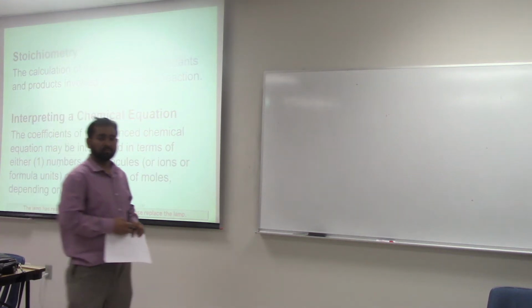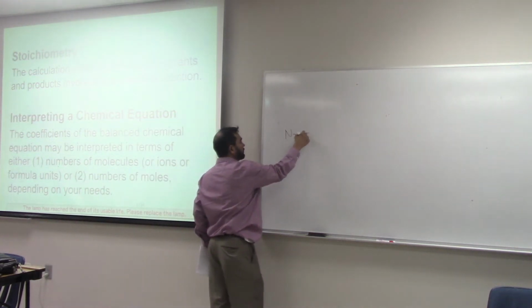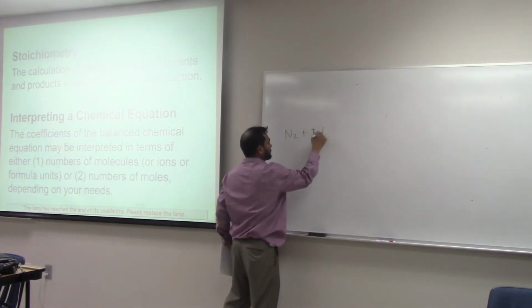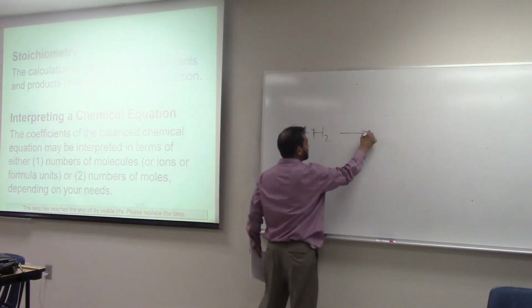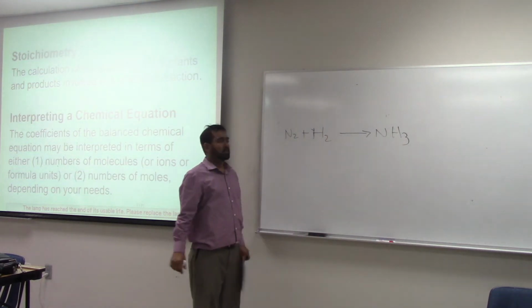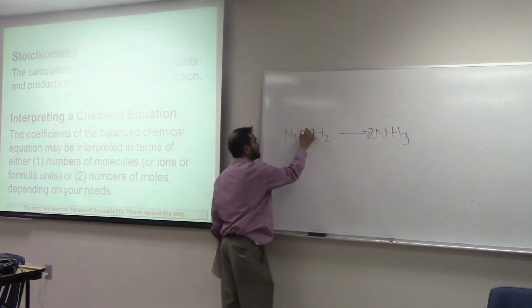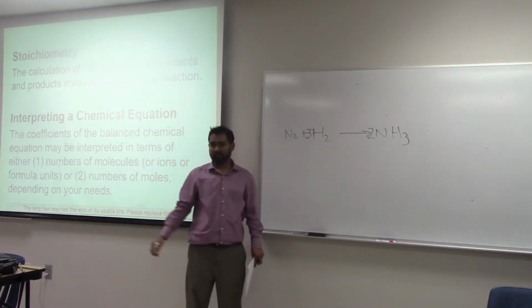So if we simply write a reaction, nitrogen plus hydrogen, producing ammonia. This ammonia, if I have 2 ammonia, I need 3 hydrogen to balance.